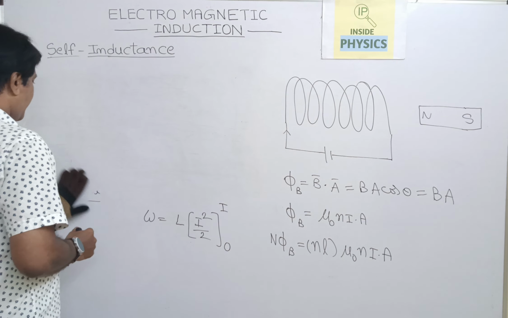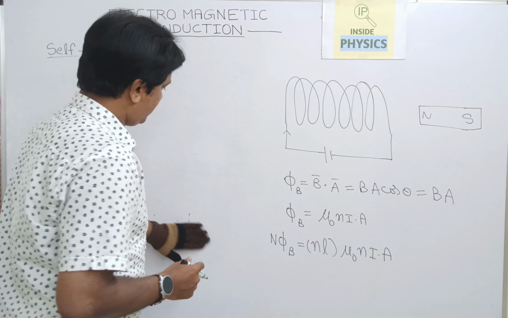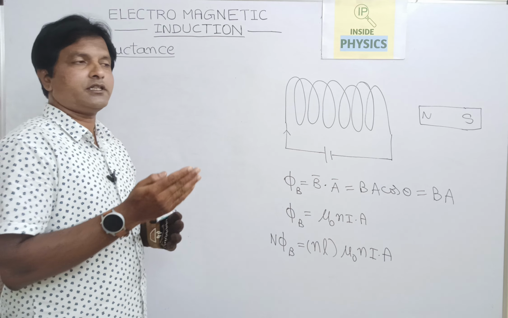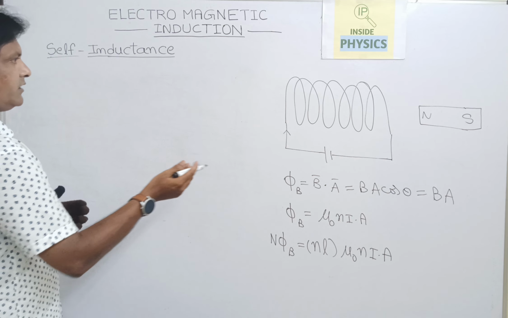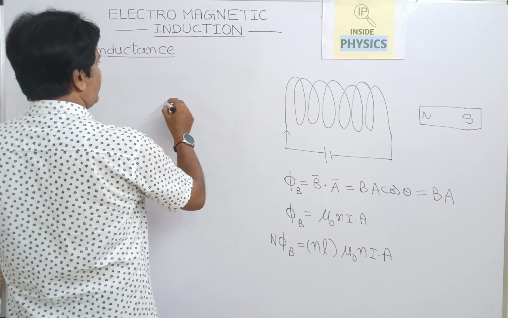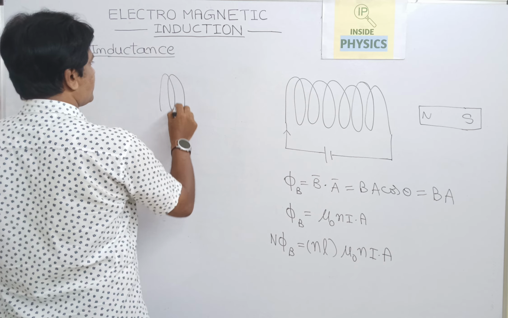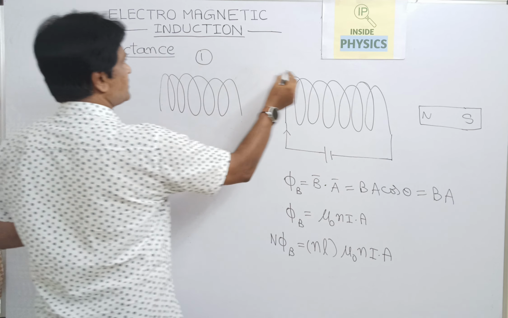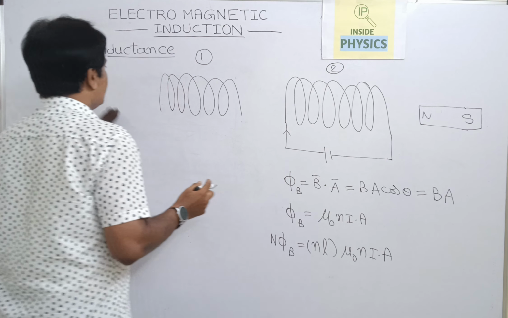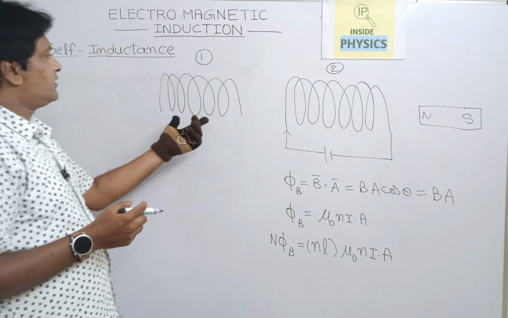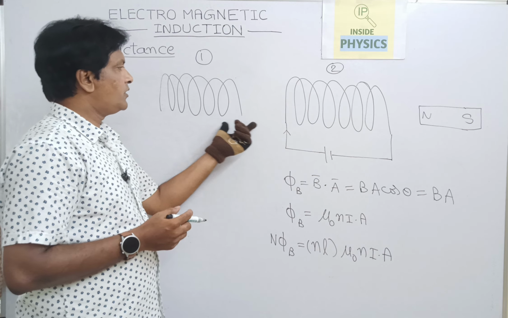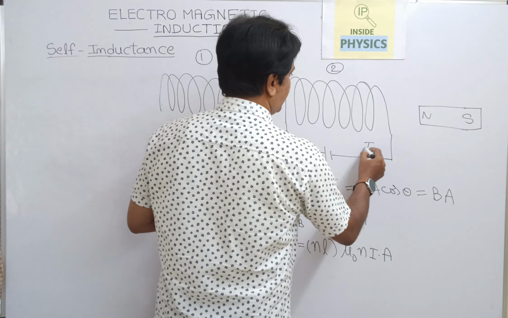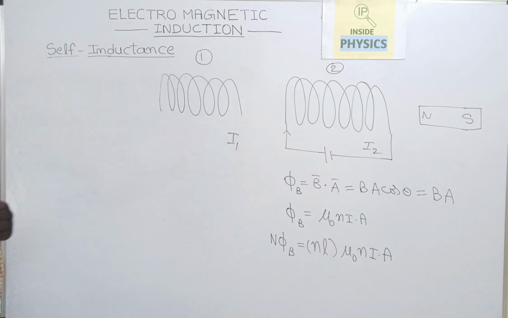So I will write the same type of coil besides this coil. This can be noted as the first coil and this is the second coil. The current in the first coil is I1 and the current in the second coil is I2.